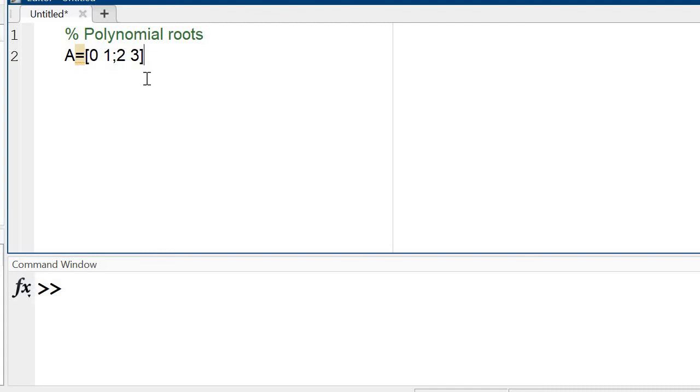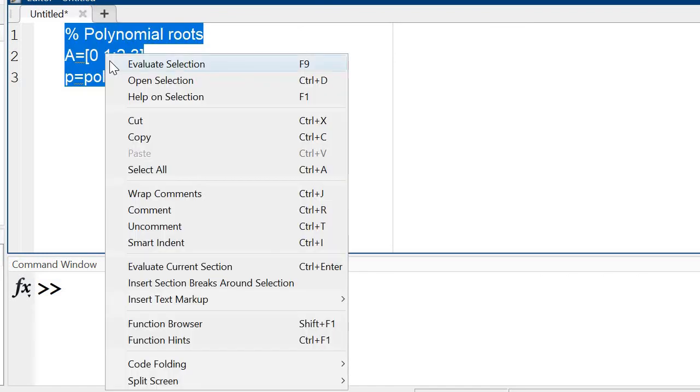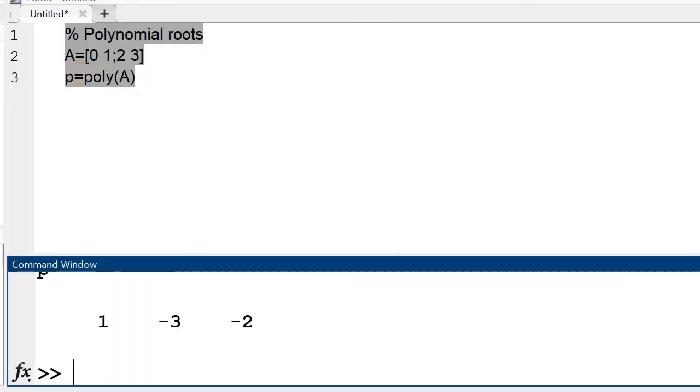Delete the semicolon so that this matrix will show in the command window. And how to find the polynomial of this matrix? This is our matrix 0, 1, 2, 3. The polynomial of this matrix is 1 minus 3 minus 2.